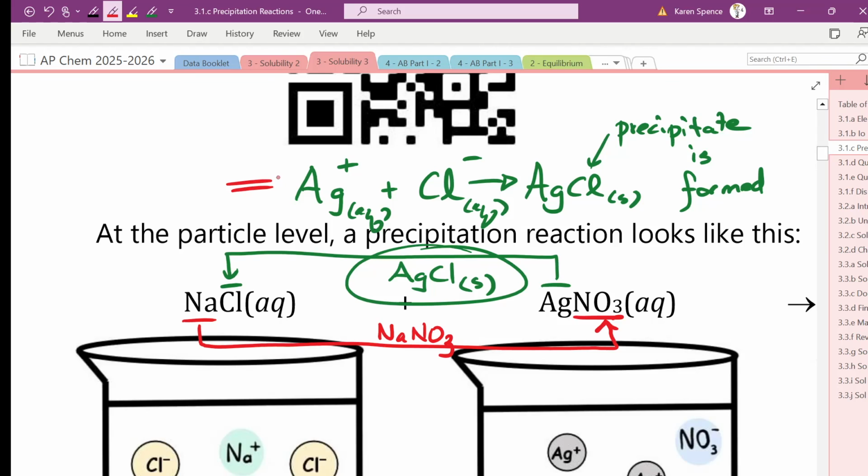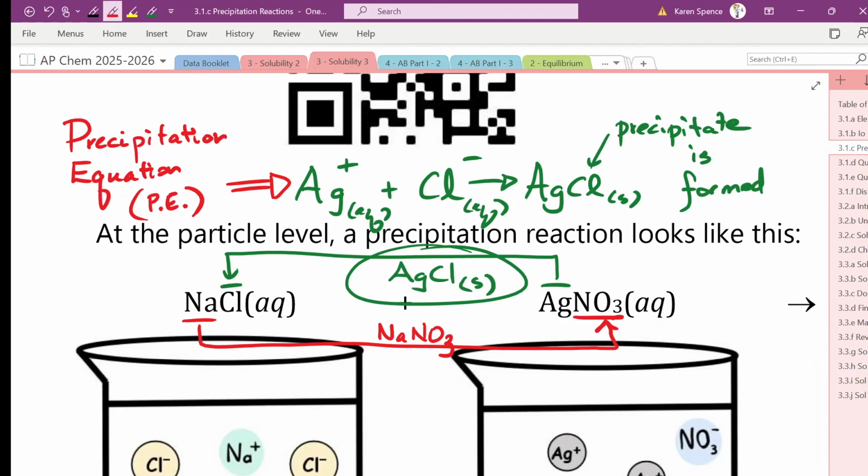So this is the precipitation reaction. I'll call it the precipitation equation. The PE, precipitation equation, rather than the SEE, the solubility equilibrium equation.